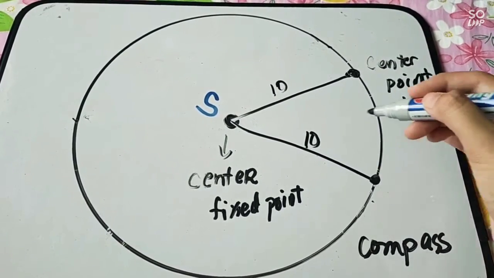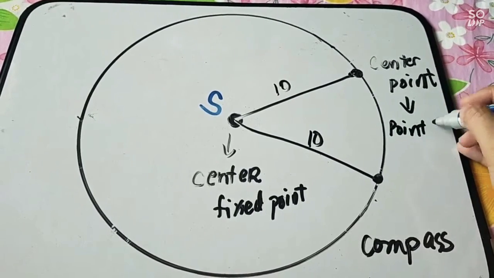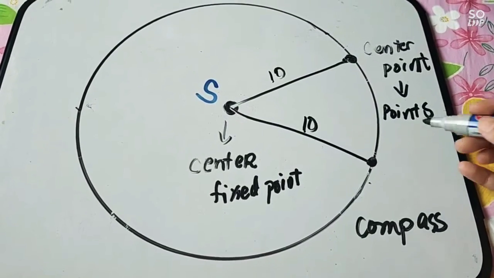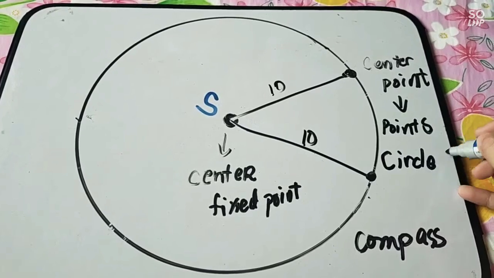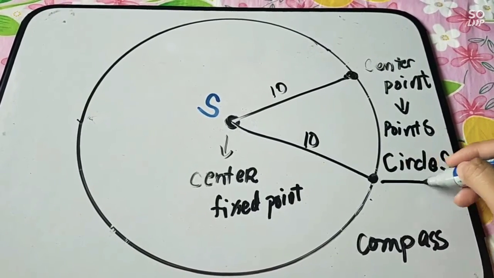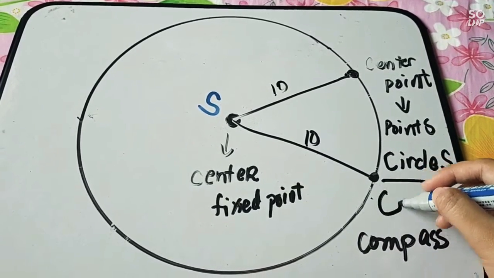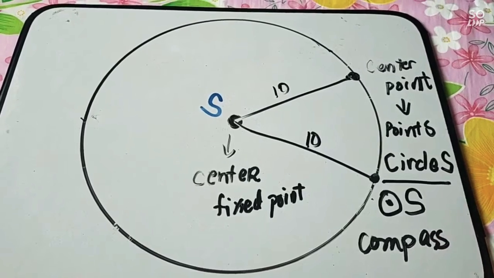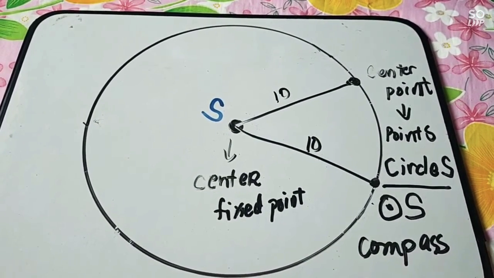Our center point is point S. So, if you are going to name this one, this is circle S. That's the name of the circle. Or, you can have the symbol, a circle, then a point at the middle, then letter S. So, that is how you name a circle.